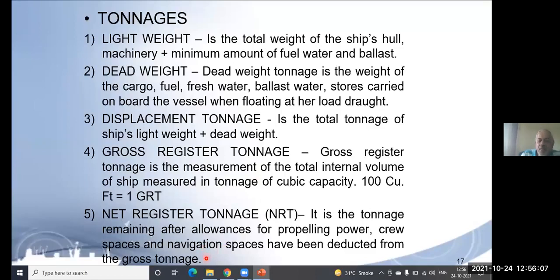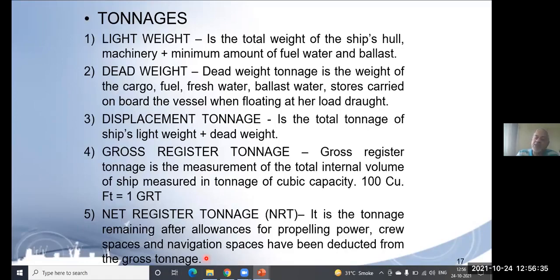Sir, I have some doubt about ballast. I don't know about ballast, sir. Can you explain only ballast? Ballast, okay, we will have time towards the end, then I will explain. Actually, I have already explained it in the first lecture. Ballast is the weight required to make a safe passage.